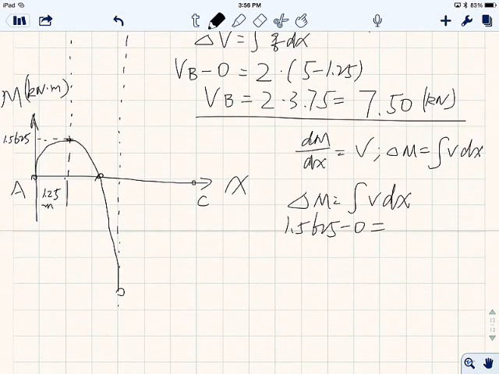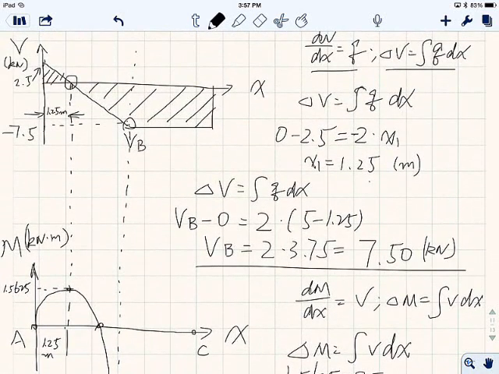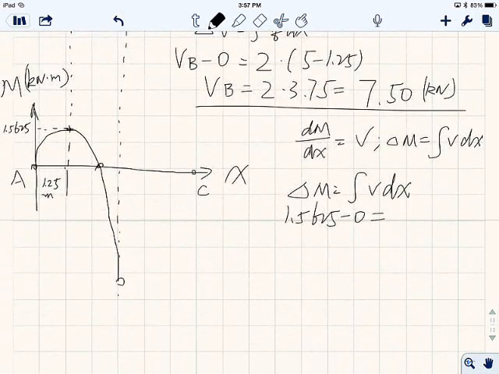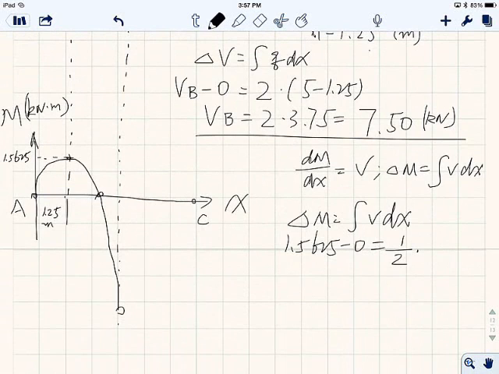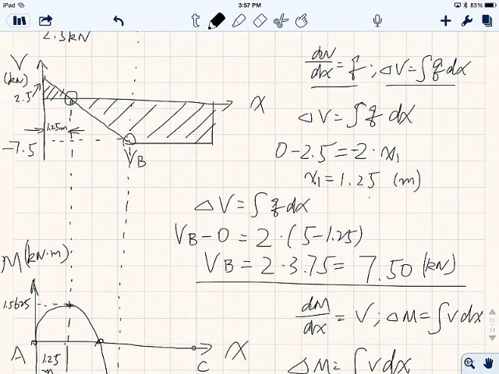The way we calculate it, wherever you have x, the shape of the area under the V is a triangle. When you have a triangle, it's always 1/2 times a times b, whatever a is over here and whatever b is over here.